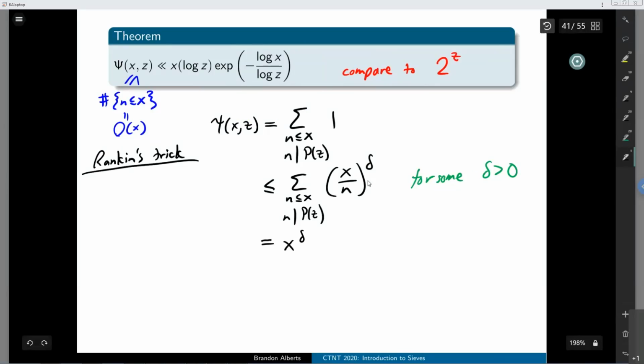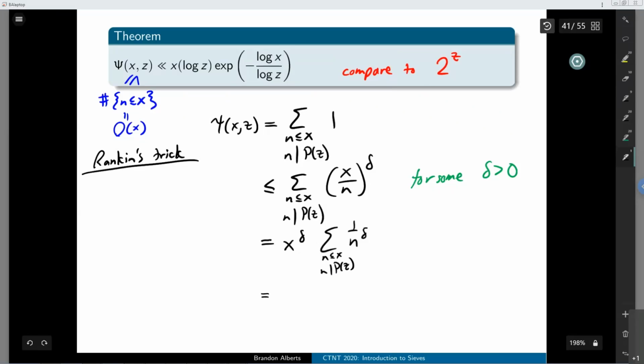So the x to the delta can be pulled to the outside. What's left over is a sum of 1 over n to the delta, n less than or equal to x, n dividing this product of primes. This is pretty much the same setup that we had earlier with the Mobius function divided by d, and we said, hey, that's secretly factored as a product of primes. This does the same thing.